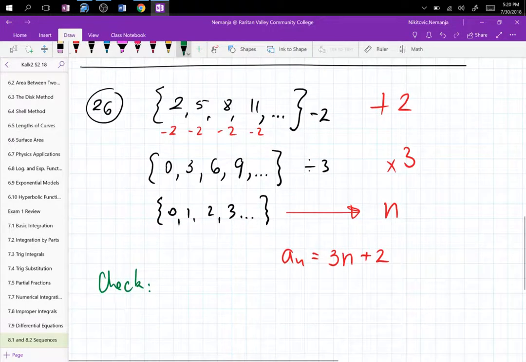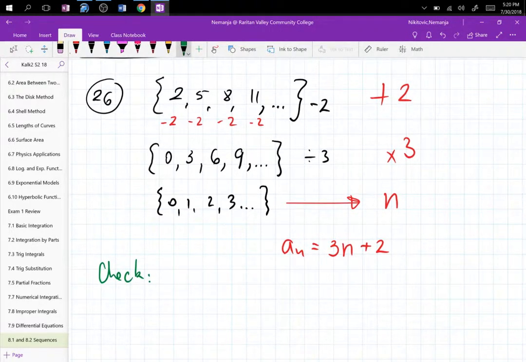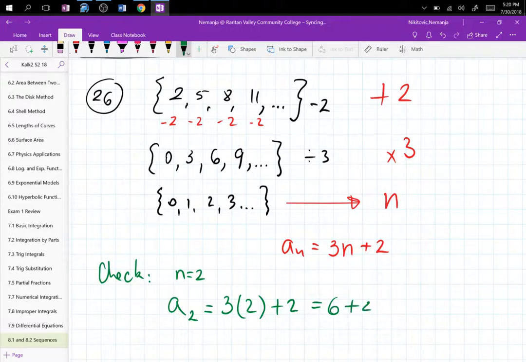So if I say, all right, I want to work on when n is equal to 2. For n is equal to 2, I am calculating a_2. a_2 is going to be 3 times 2 plus 2, and that is 6 plus 2, and that is 8, and I do have an 8 there. Now, is this location n equals 2?